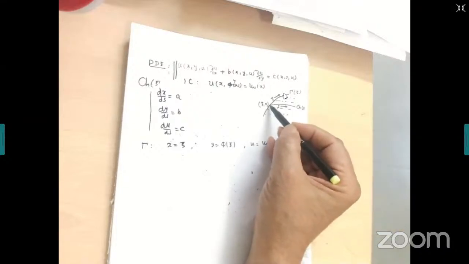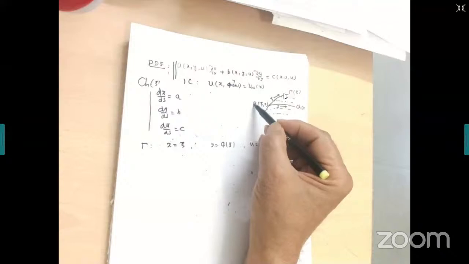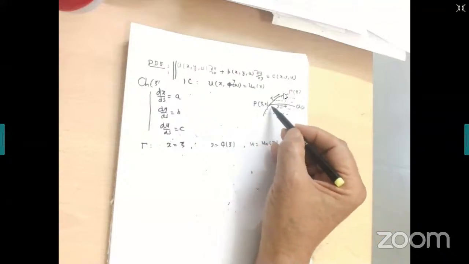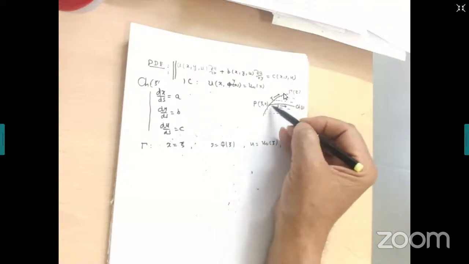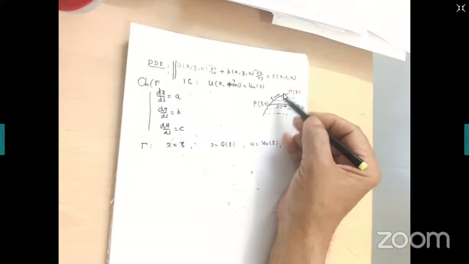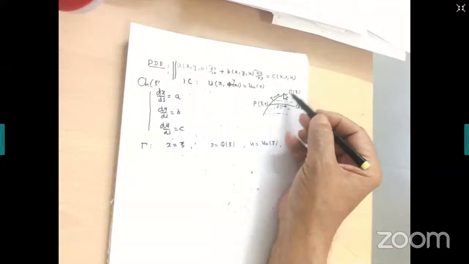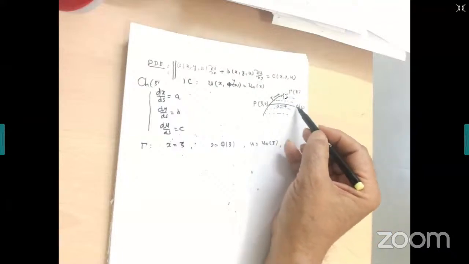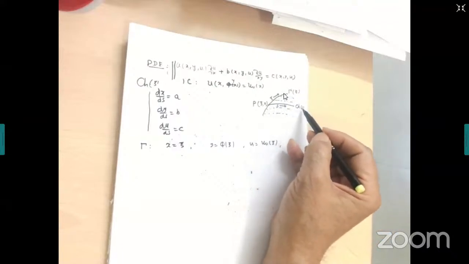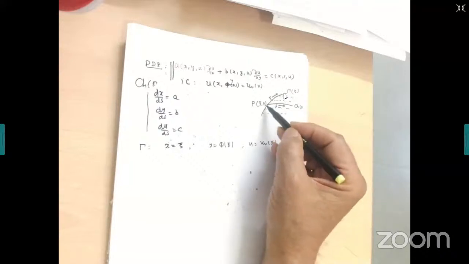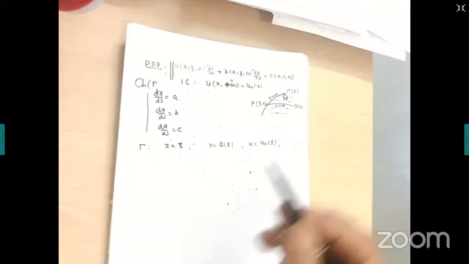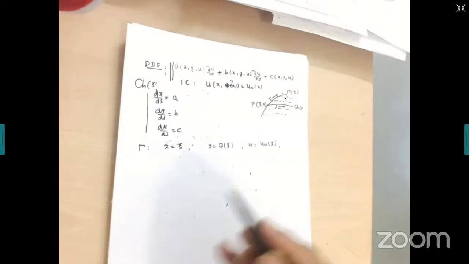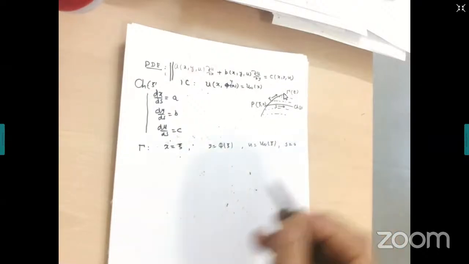So this emanates from this point. Let me call this point P. P has coordinates ξ, the parameter which varies along the given curve Γ, and s is the parameter along this characteristic curve. s is measured from this point, so this is your s equals 0.